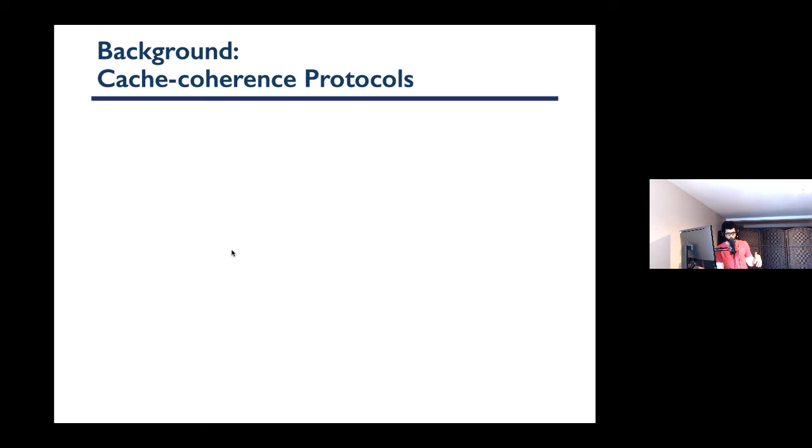It makes sure that everybody has the copy in their caches that is reliable, that is up to date. And if your copy is not up to date, you have to either disregard it, just throw it away, or you have to update it. So that's what the cache coherence protocol is going to do for us.